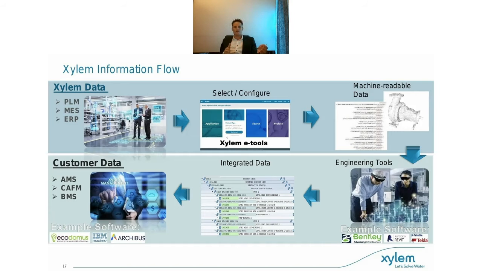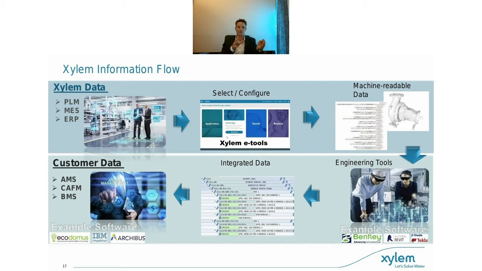For me, the flow of information for engineered products, these are things that require additional thought, like pumps, like specialist treatment, UV reactors, anything like this. They need to go through a selection tool where you'll be essentially asking questions and pulling out requirements from a product. And that has to happen within the Xylem e-tools.